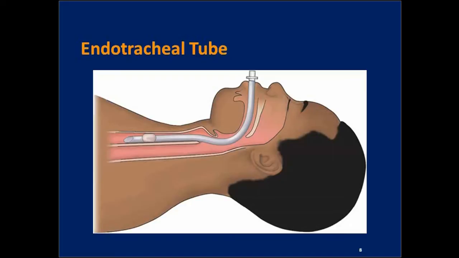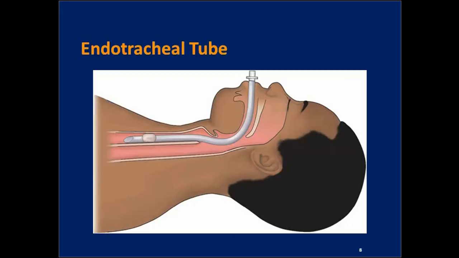Once it's been placed, they're going to put a little CO2 pod on the end, and as they bag the patient, as the patient exhales, they should be blowing off CO2, and that little pod will pick up on that CO2 and it'll change color. It should be yellow, well, it depends on the type of device that you're using, but they all have little ways to indicate that we have positive CO2 return. And that's an indication that we're in the lungs.